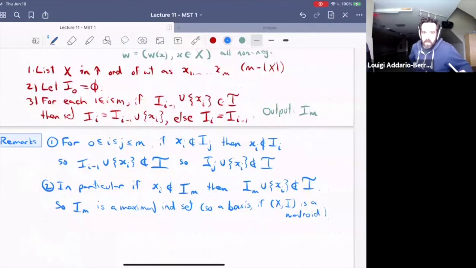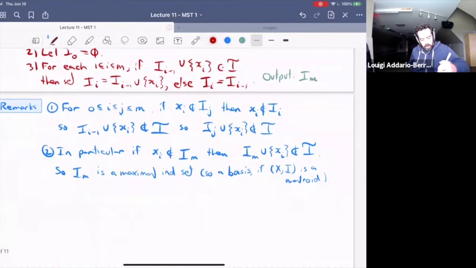Okay. So I'll state two theorems and I'll prove one of them. The theorem is that for matroids, this algorithm does indeed output a minimum weight basis.